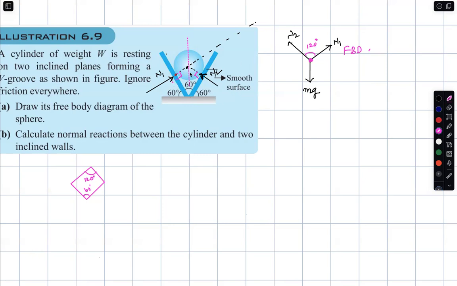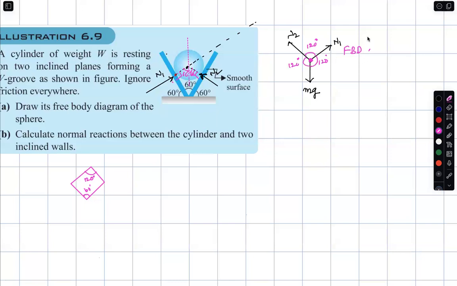In fact, it is bisecting. You can see it is bisecting. This is also 60 degrees and this is also 60 degrees. So because of this reason, I can say normal reactions are same. Which clearly indicates this is 120 and this is also 120.